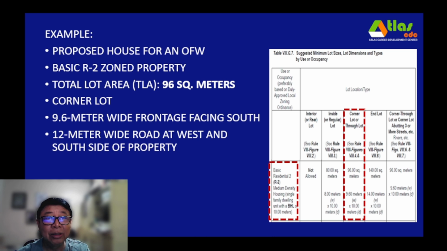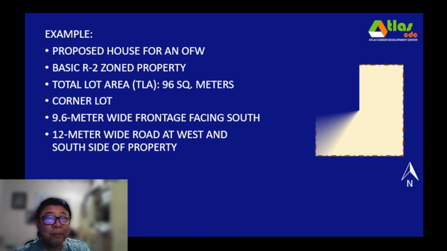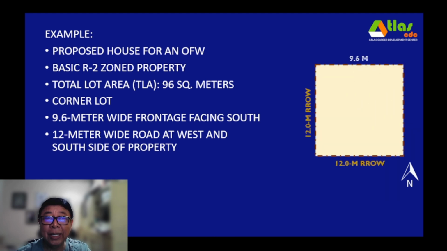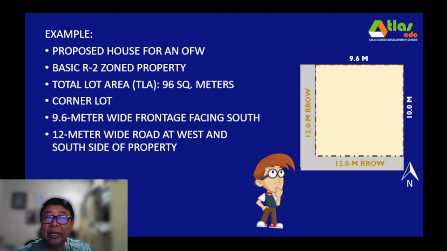So this is the example that we are going to use today. So if we are going to draw the lot, that is an almost square lot, 9.6 by 10 meters with 12 meters road on the west and south sides.